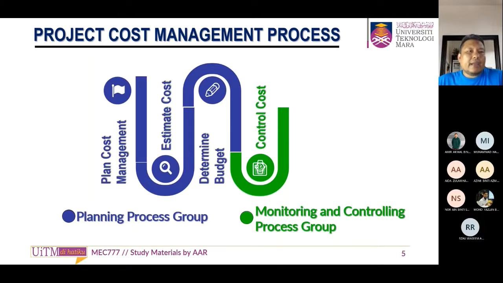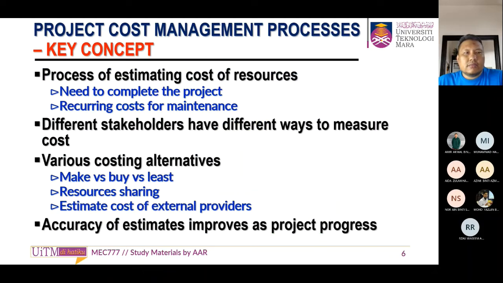Okay, in plan cost management, after that we go to estimate cost, followed by determine budget, and then finally we control the cost. The key concept for project cost management is the process of estimating the cost of resources needed to complete the project, including recurring costs for maintenance.